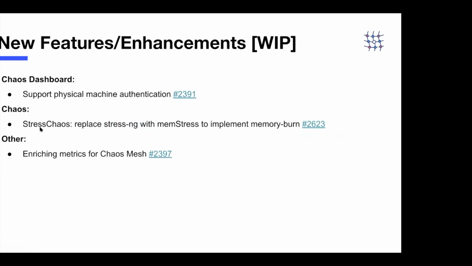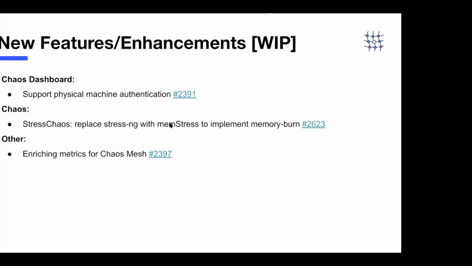And maybe some users know that when you use stress chaos to simulate memory bound, you will find that your CPU load is very high. This feature will fix this issue because we implemented a new component.